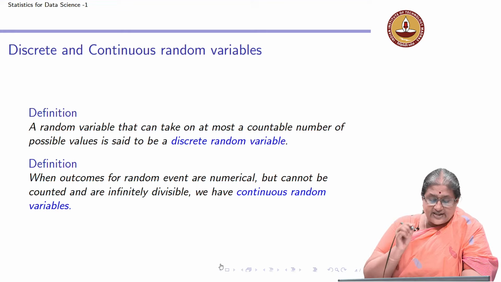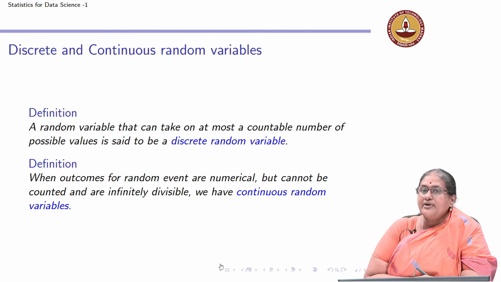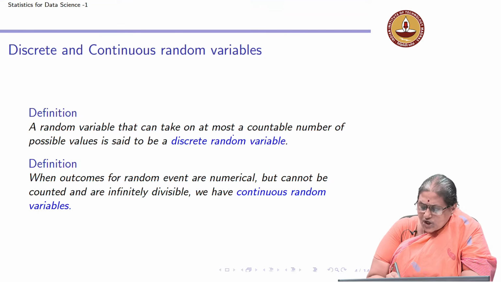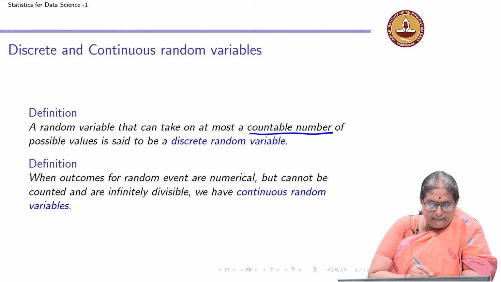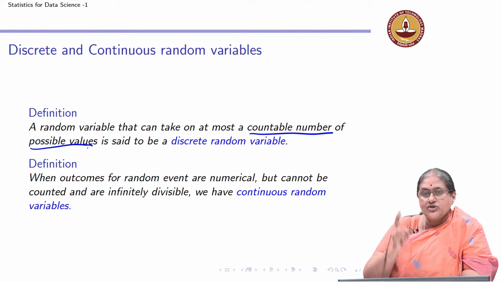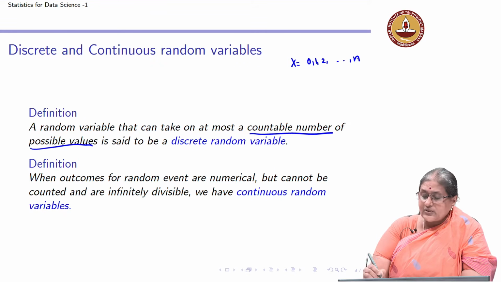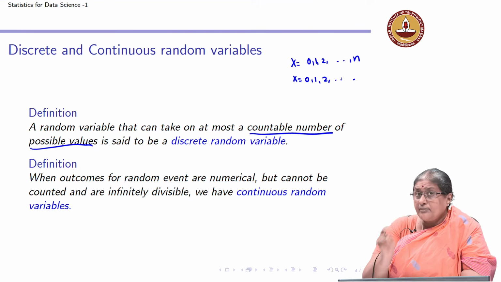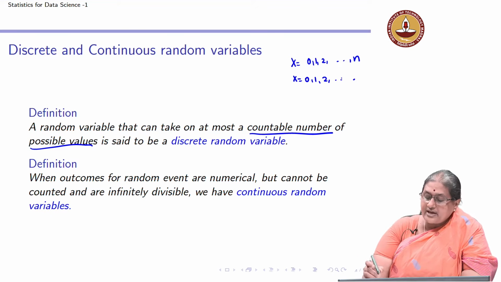I defined a discrete random variable as a random variable which took countable number of possible values. Recall when we had a binomial random variable, it would take finite values, but I could also have something like a Poisson random variable which takes countable but infinitely many values.